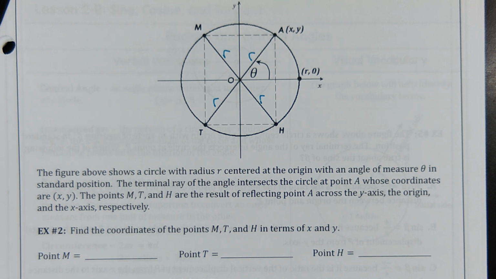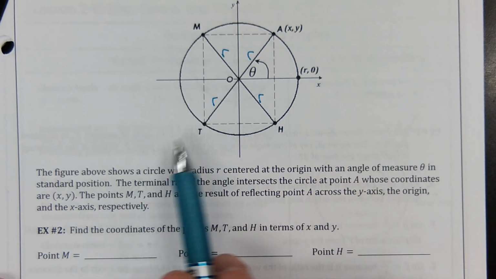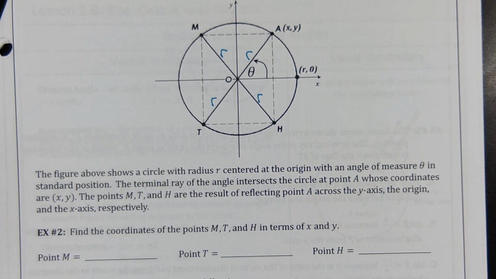Okay. So it doesn't matter what quadrant you're in, your radius is always positive, right? Awesome. Great. The figure above shows a circle with radius r centered at the origin with an angle of measure theta in standard position.